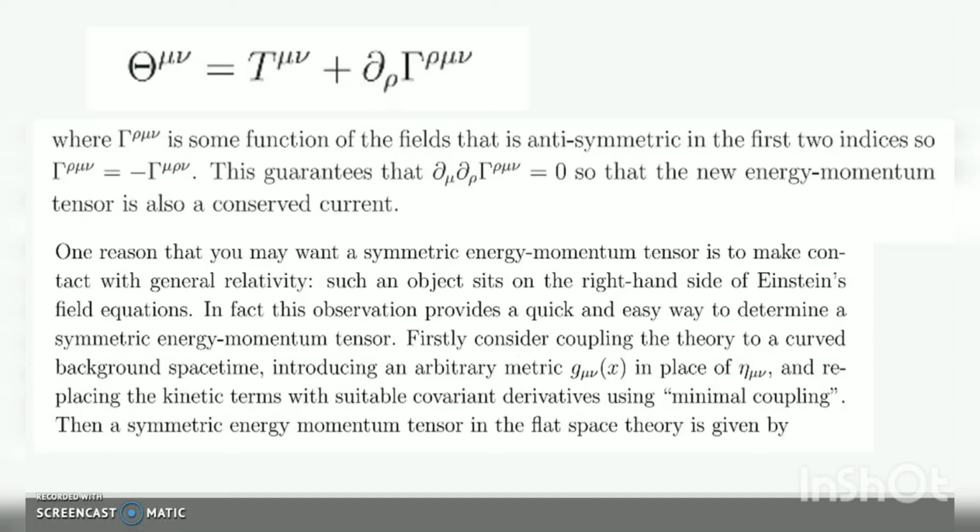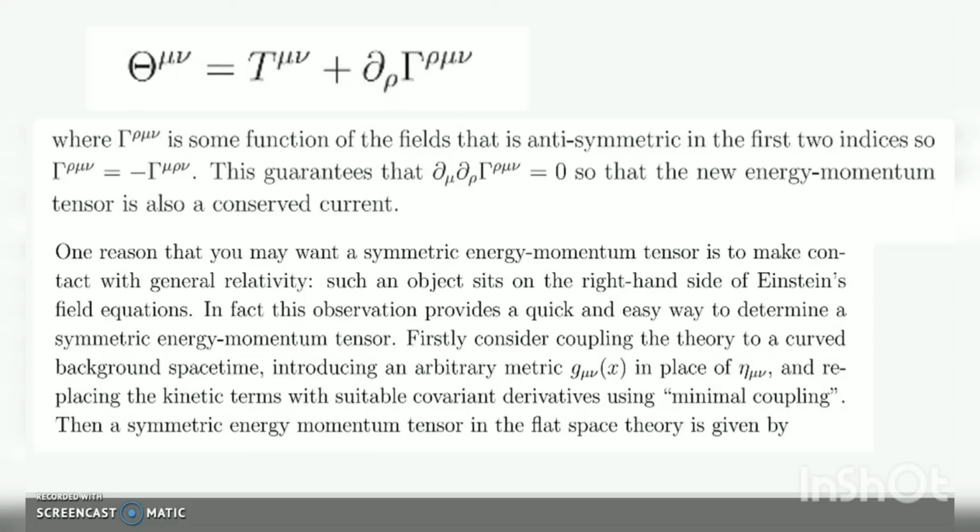So the new energy momentum tensor is the conserved current. A cute trick: one reason that you may want a symmetric energy momentum tensor is to make contact with general relativity. Such an object sits on the right hand side of the Einstein field equation. In fact, this observation provides a quick and easy way to determine the symmetric energy momentum tensor.